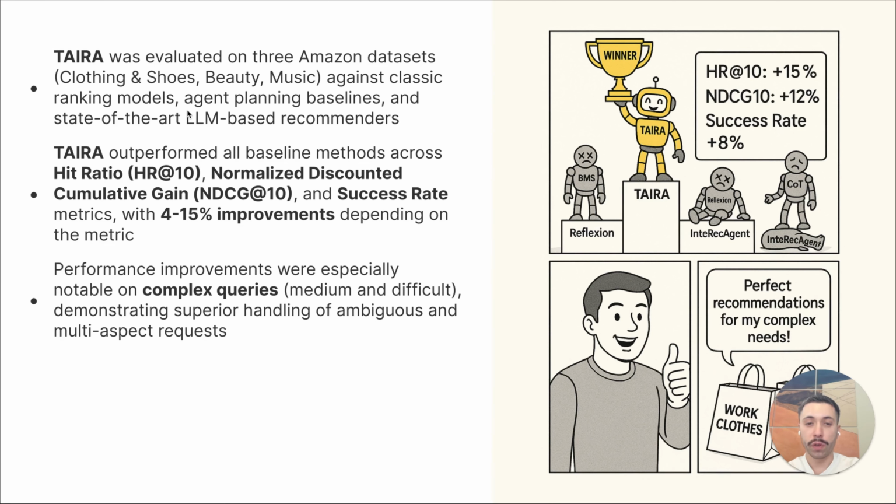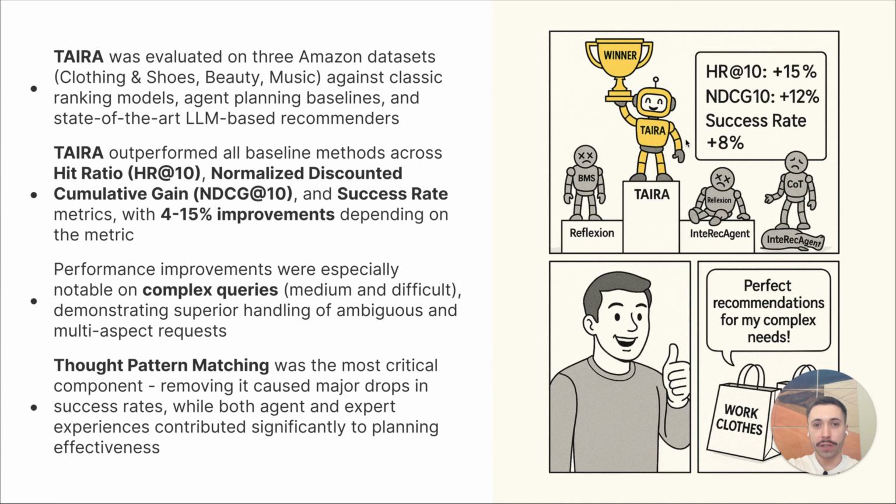Performance improvements really shined on complex queries, showing superior handling of ambiguous and multi-aspect requests. Thought pattern matching was the most critical component. Once it was removed, it caused major drops in success rates, because without being able to remember its previous experiences, the agent was not able to plan effectively.